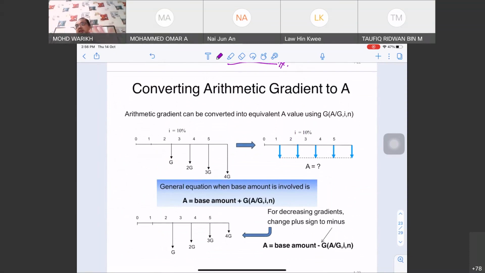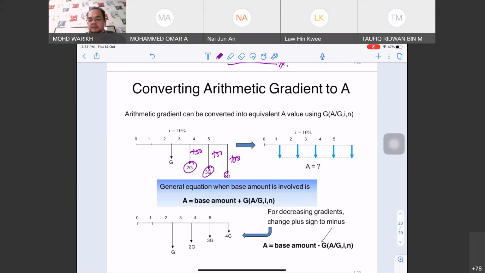For example, before, they start from 400 ringgit, 450, 500, 550, 600, etc. So what happens if the company does not want to add an extra 50 ringgit each year? They want to pay you the same every year. That means you have to convert back.